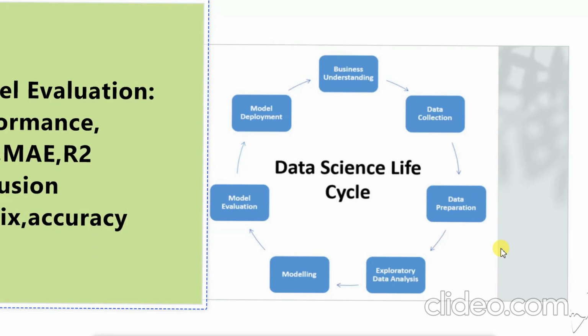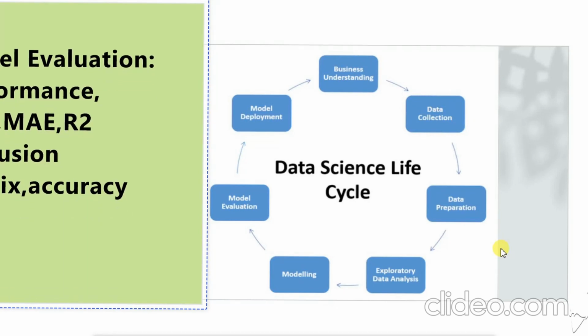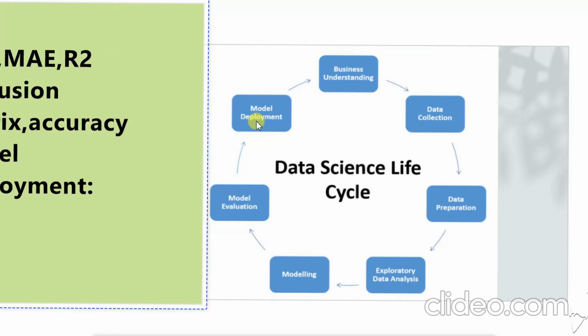Once the evaluation is done and the model is very good in performance, you can move on to the next step, which is model deployment. You have to keep on checking the performance of the model. Only if the performance of the model is good can you go for model deployment. In case the performance of the model is not good, you have to repeat all these processes again.